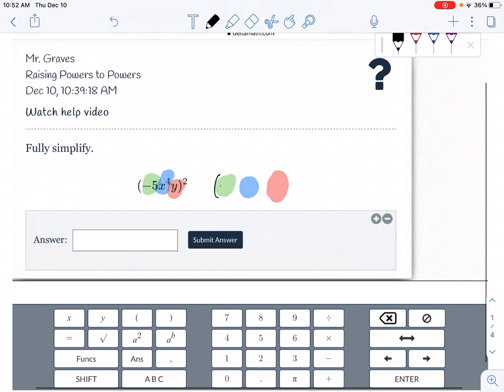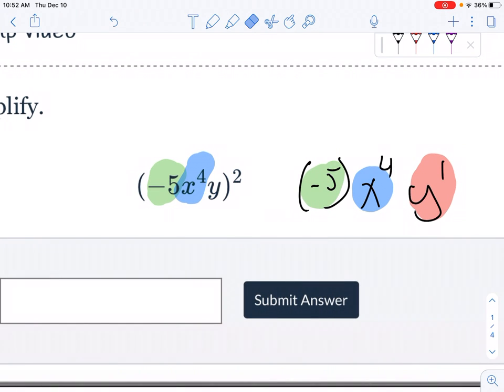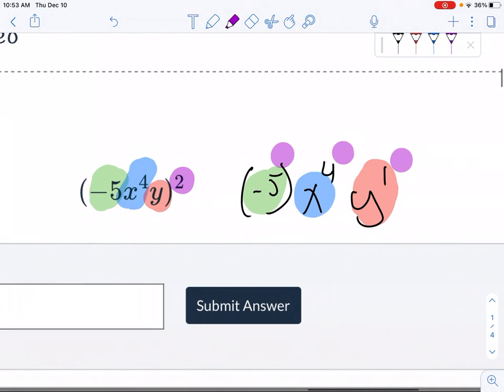So again, that's -5. I'm putting that in parentheses because the negative's attached to the 5. X to the 4th, y to the 1st. I'll put a 1. And all 3 of those are going to get a power of 2. So -5, x, and y are all getting raised to the power of 2.